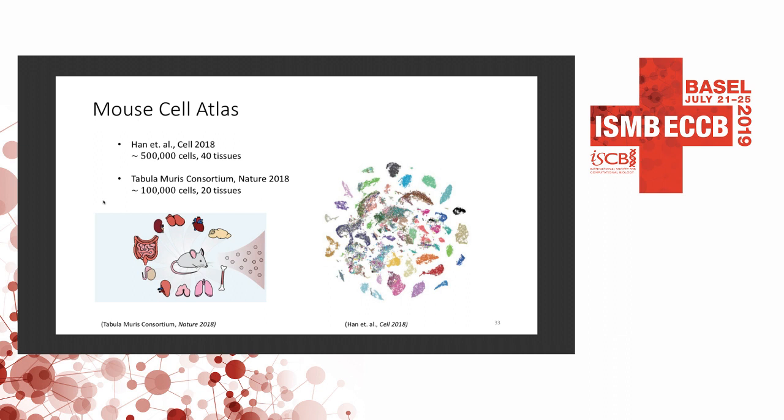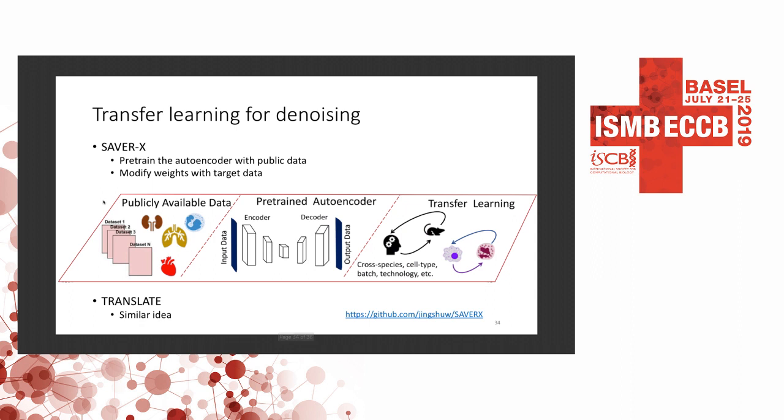You all know there are differences between human and mice, but they share some similar cell types. So can we still learn important information while removing the information that is unique to the mice? So the transfer learning idea in SAVER-X is that we want to pre-train.